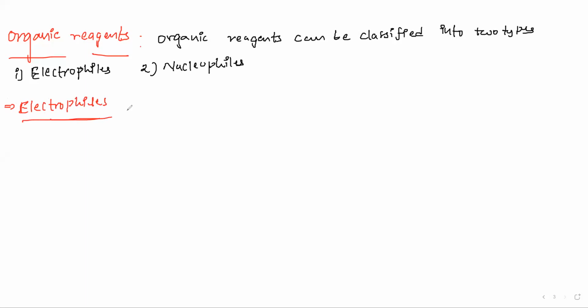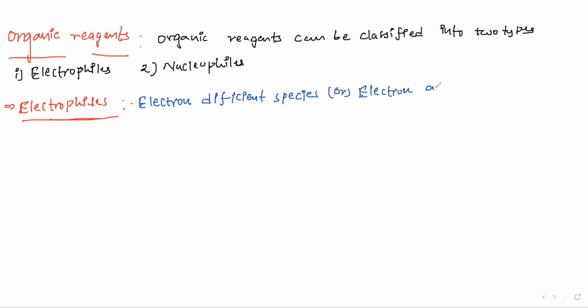Electrophiles are positive, nucleophiles are negative. Electrophiles are electron deficient species, or electron acceptors. Why do we say this is an electron acceptor?